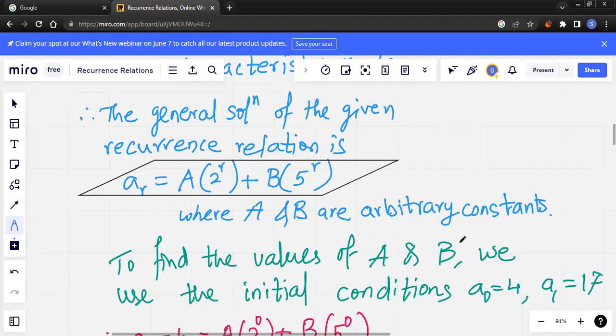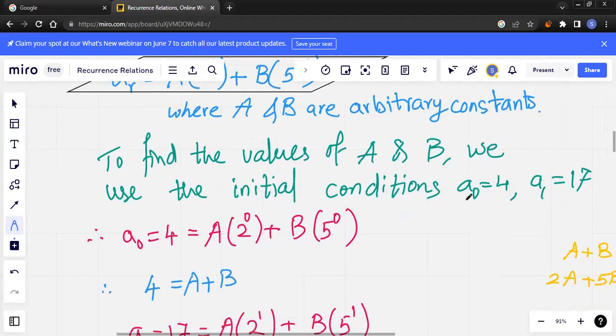They are some constants. For any values of A and B, this relation proves to be a solution of the given recurrence relation. Now they have given us some initial conditions. So to know the particular values of A and B, we'll use the initial condition.